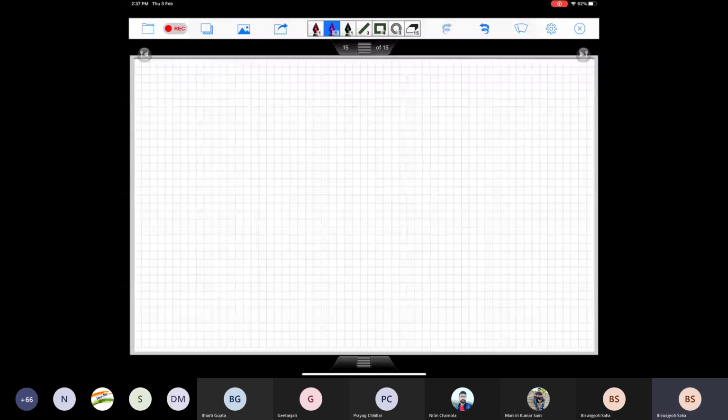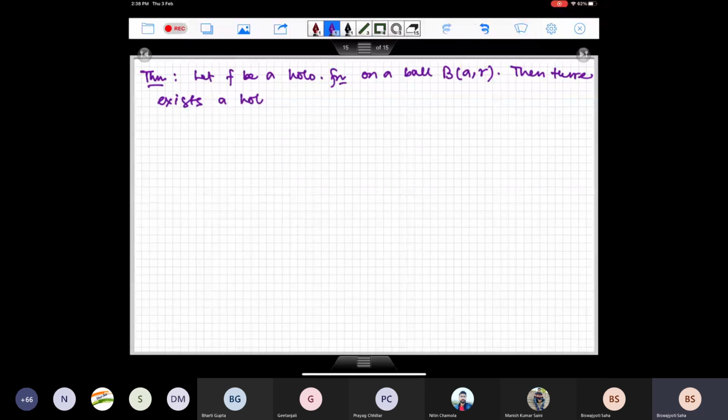Theorem. Let f be a holomorphic function on a ball, let's say B. Then there exists a holomorphic function capital F on B such that capital F prime is little f on this ball.